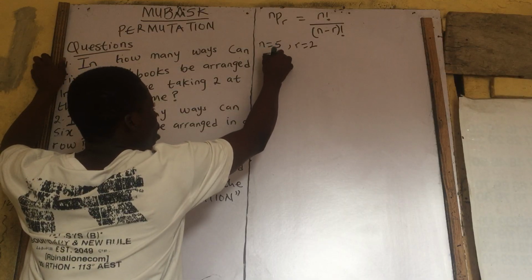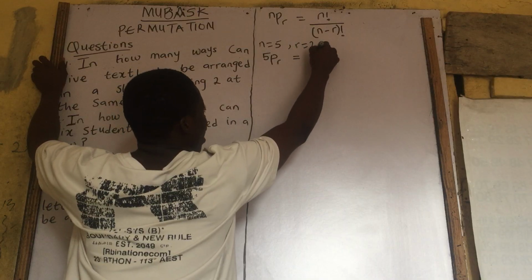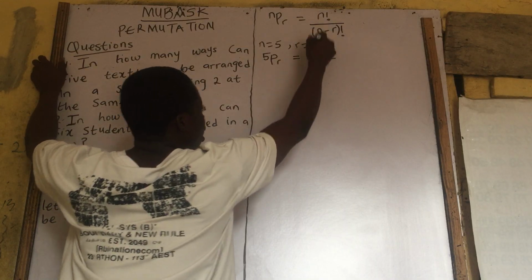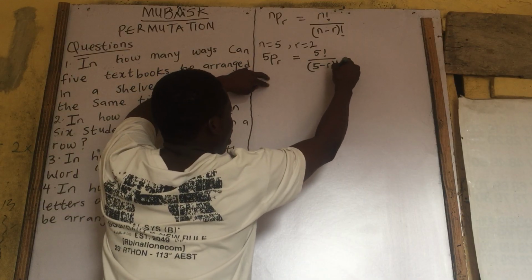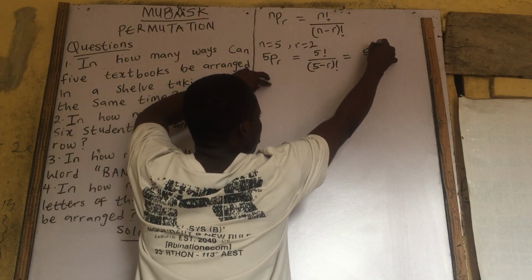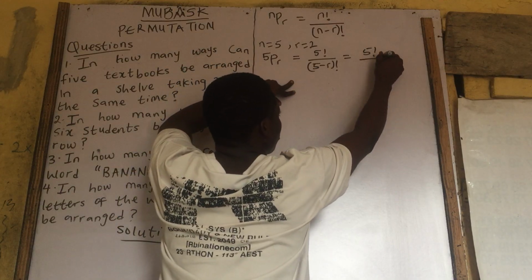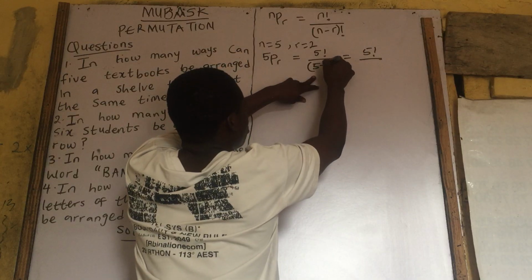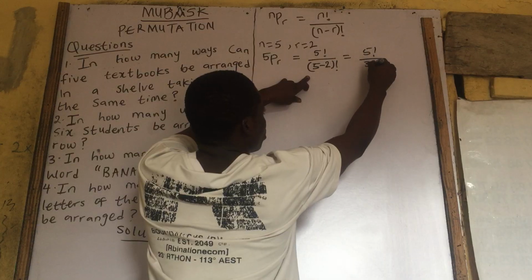5Pr equals n factorial divided by (n minus r) factorial. Our n is 5, so 5 factorial divided by (5 minus 2) factorial. 5 minus 2 is 3, so 3 factorial.